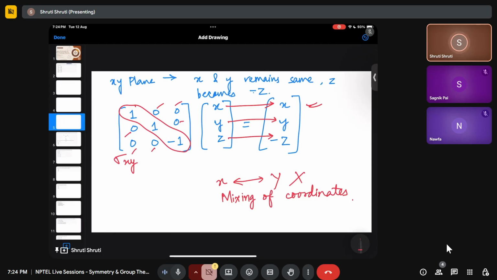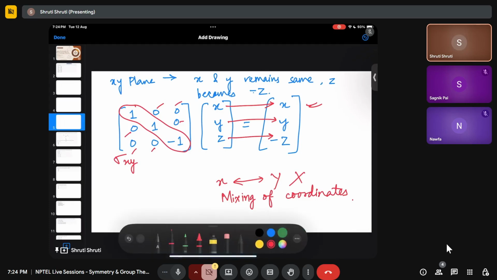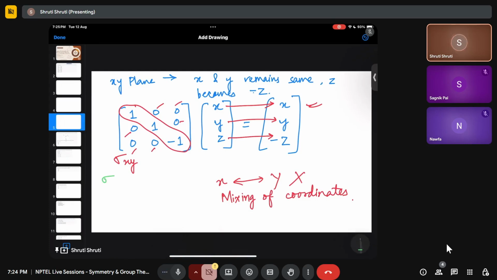Similarly, you can write a transformation for yz. How will it look? So in yz, what will change? Your x should change. Y and z will remain 1, 1. X will become -1. And the rest will be zeros.